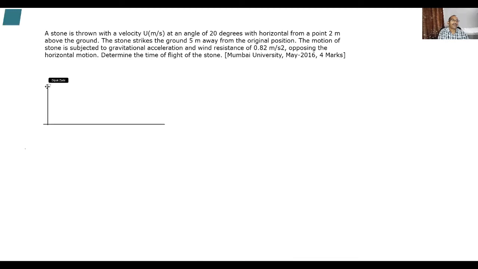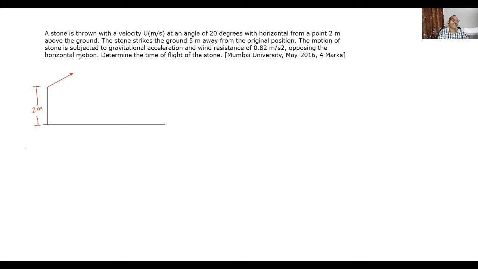The stone is projected from a height of 2 meter. That means from this height of 2 meter it is thrown. That means this height is given here. This is 2 meter.